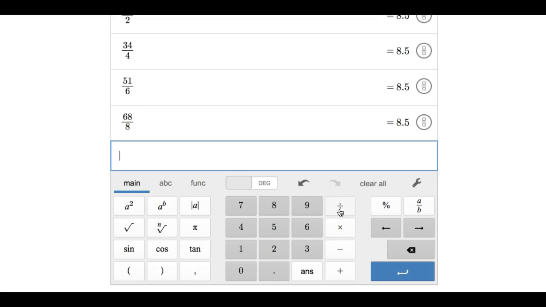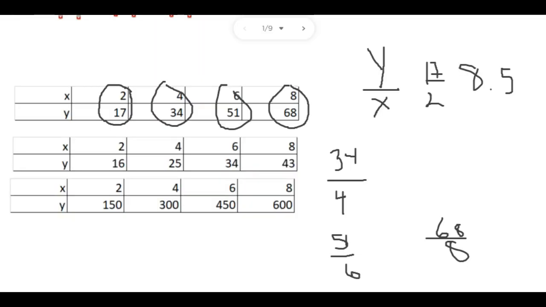If all points in the graph, in the table, give you the same number, then it is a proportional relationship. And in this situation, 8.5 is known as the constant of proportionality. Okay?